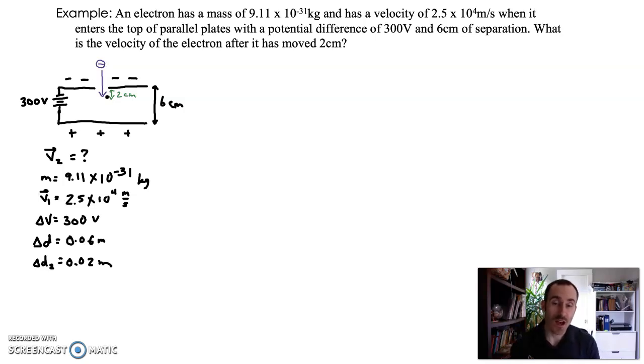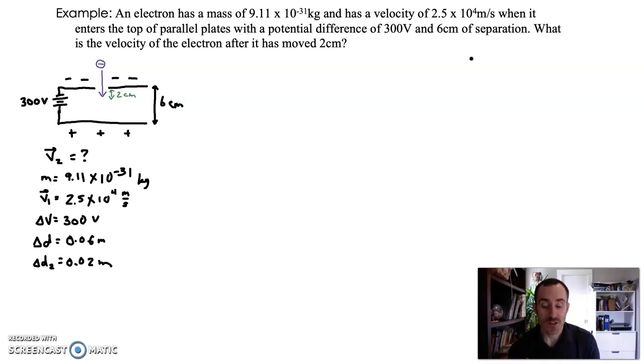So there's going to be a few different strategies that you can use to figure out what that final velocity is. In our case, because this is 2 centimeters out of 6, I know that the potential difference it's going to go through is 1/3 of this total.